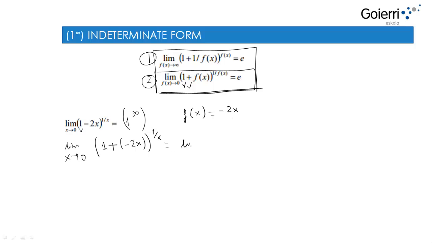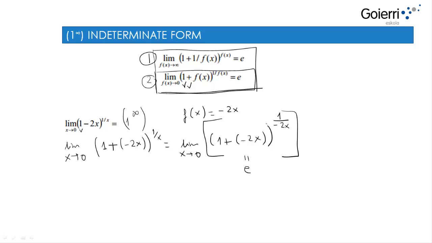Alright, pay attention that here in the exponent I need 1 over my function. So here I need 1 over, and my function is negative 2x. Okay then, now I know this whole term is number e.